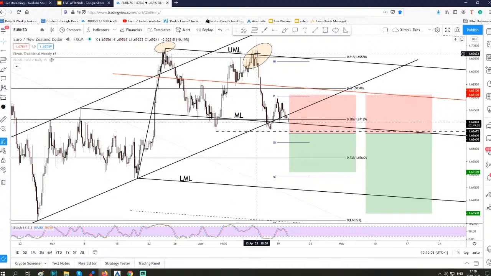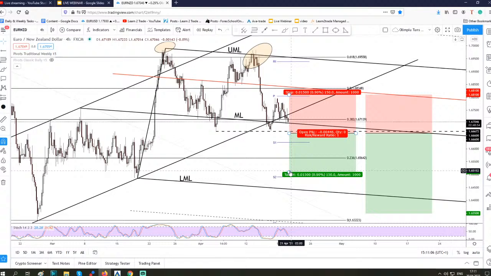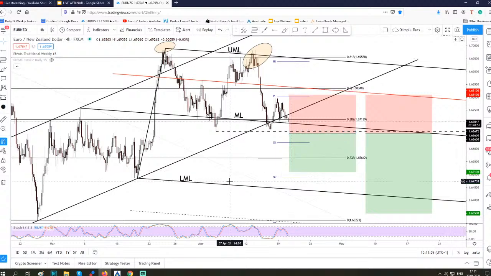We also have a double top. The stop loss is at 1.6810, and our first downside target is at 1.6510.